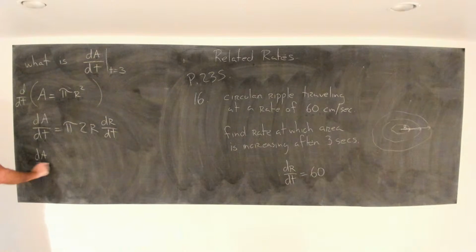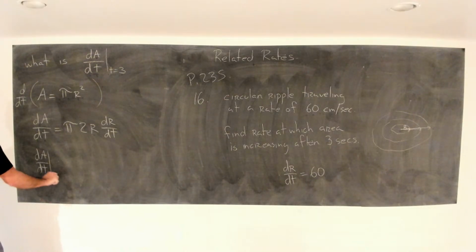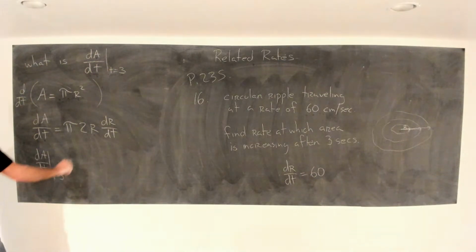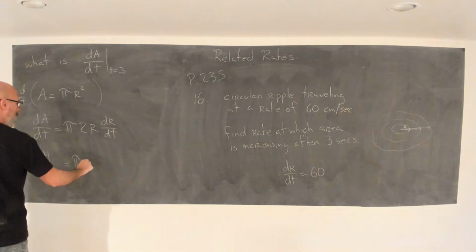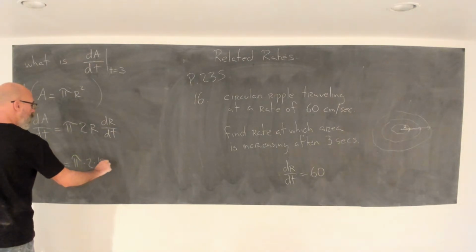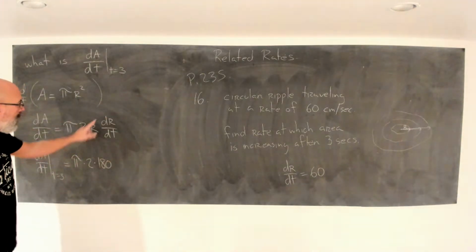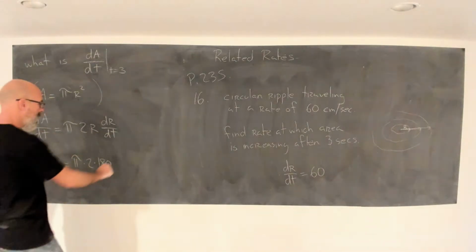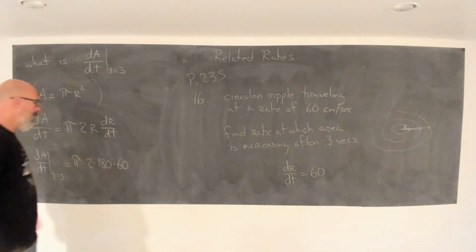So dA/dt, when t is 3, is pi times 2 times 180, and dr/dt was given to be 60, and there it is.